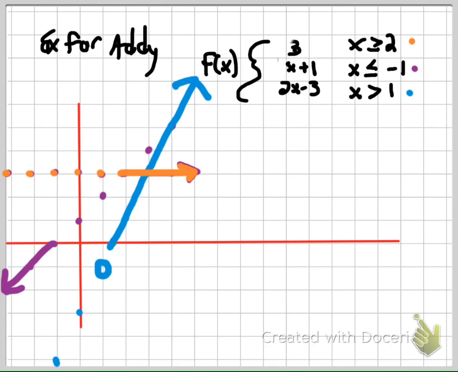Oops, I made it filled in. Open circle, because you're not including this point. This point is 1, negative 1. You're not including that because it said only the x's that are greater than 1. So it starts here, but it's not including that. And then it's going on forever in this direction, so I need an arrow.